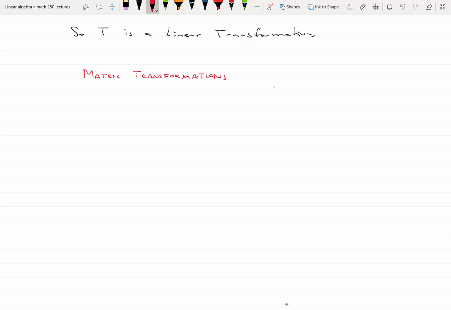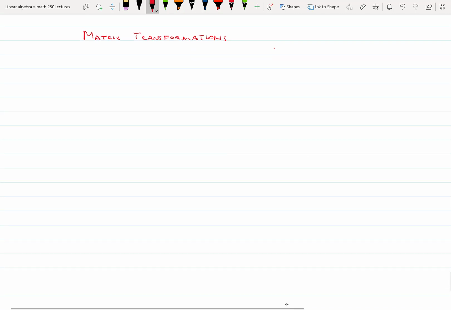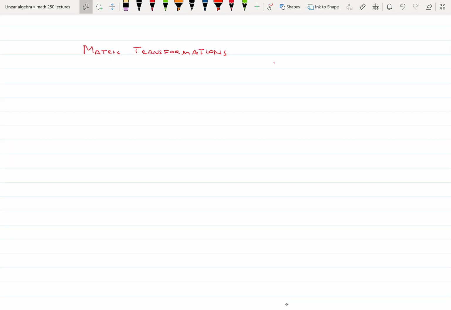Okay, so let's take a look at a specific type of linear transformation. Let's take a look back at our first linear transformation. I think it was our first one.